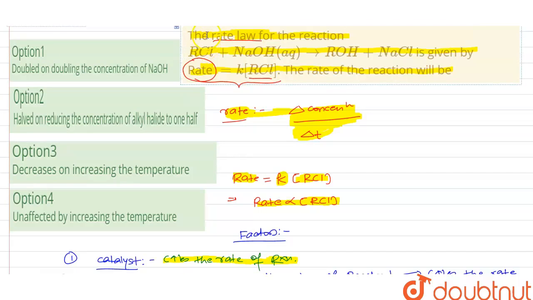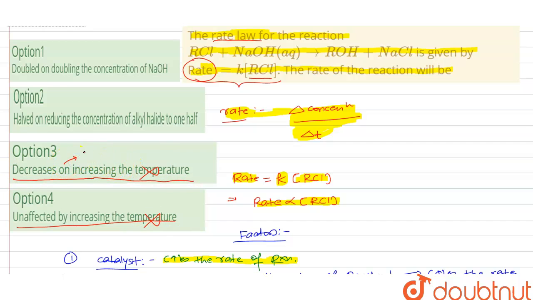But here we have given that it is unaffected by increasing the temperature. So option 4 is wrong, and option 3, that it decreases on increasing temperature, is also wrong because it increases on increasing temperature.